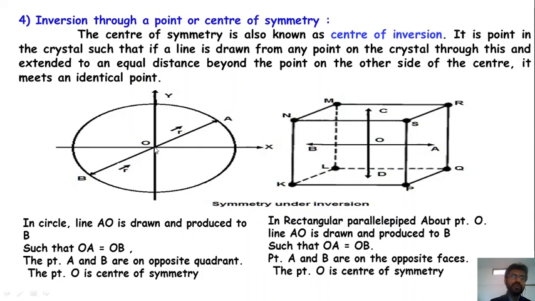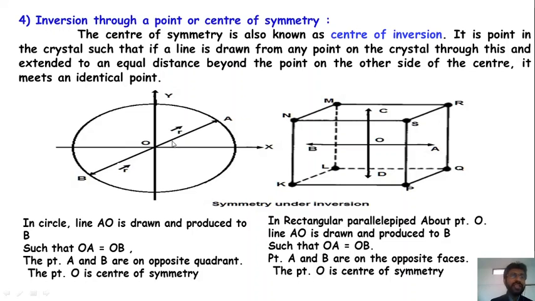From the center of inversion, if we draw a line to one of the lattice points on the side A, say that point is A, then if we connect it, that is OA.